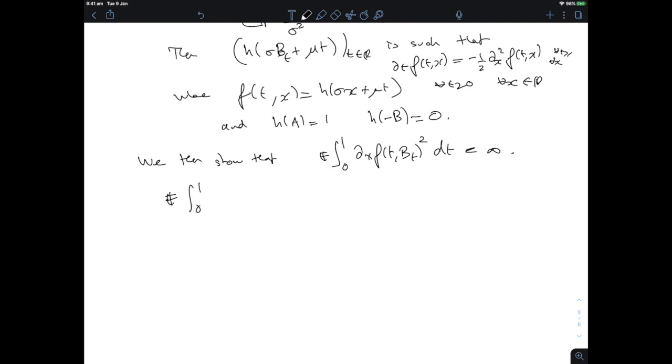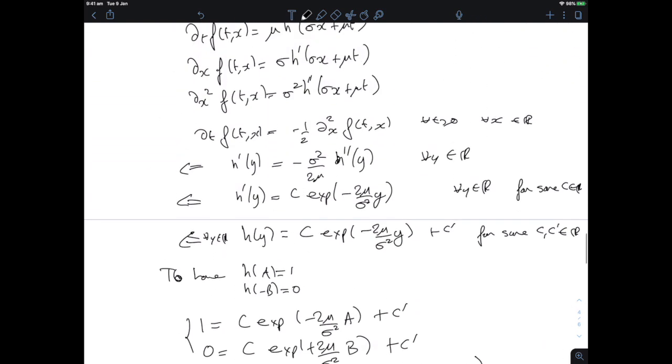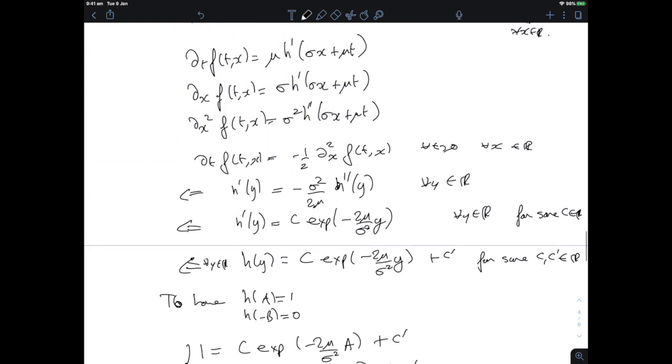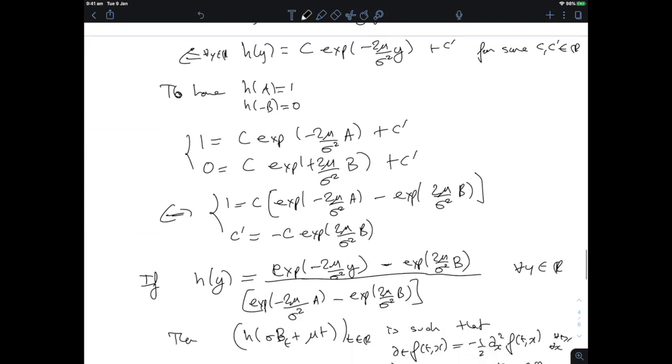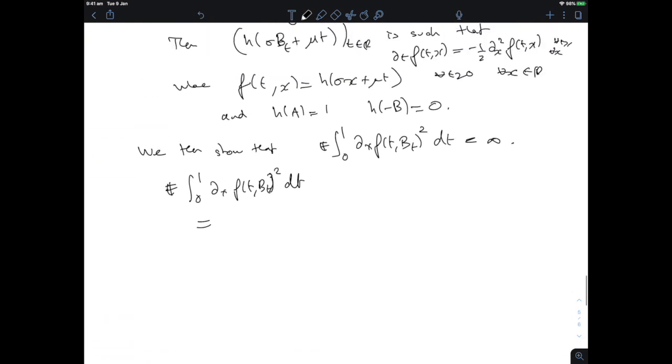So expectation, integral of 0 to 1, dx f t bt squared dt, what is that? So, okay, what was dx f t x again? It's here, it was sigma times h prime. So I'm going to pick up a sigma squared, and then what was h prime? There's a number in front, this 1 upon c, which I really don't care about.